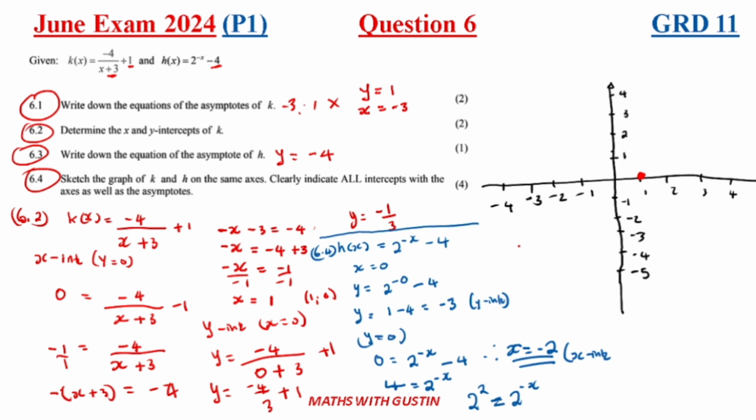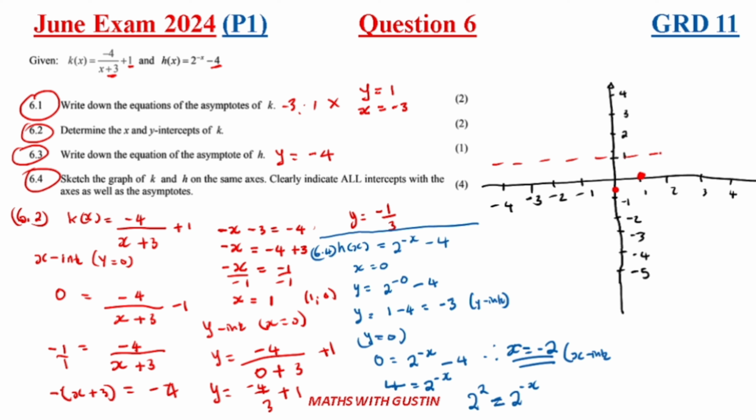There you go. And then the y-intercept is negative 1 over 3, which is somewhere there. So the line of asymptote is y is equal to 1. I'm going to draw it. There it is.